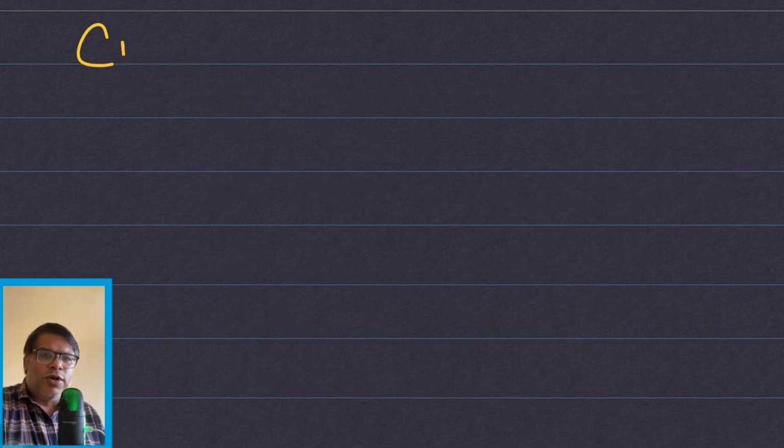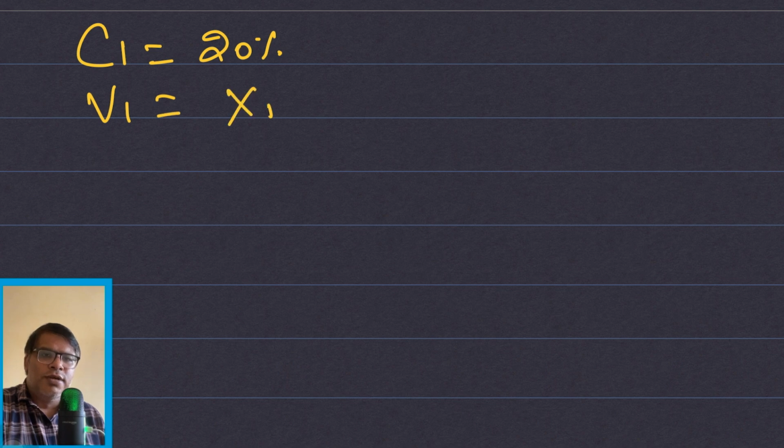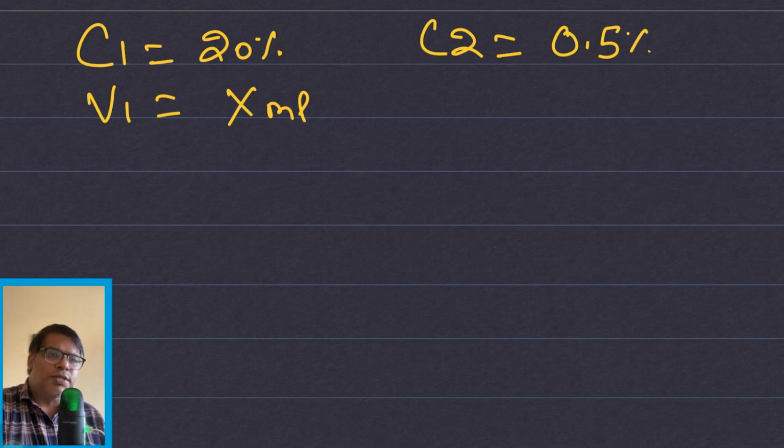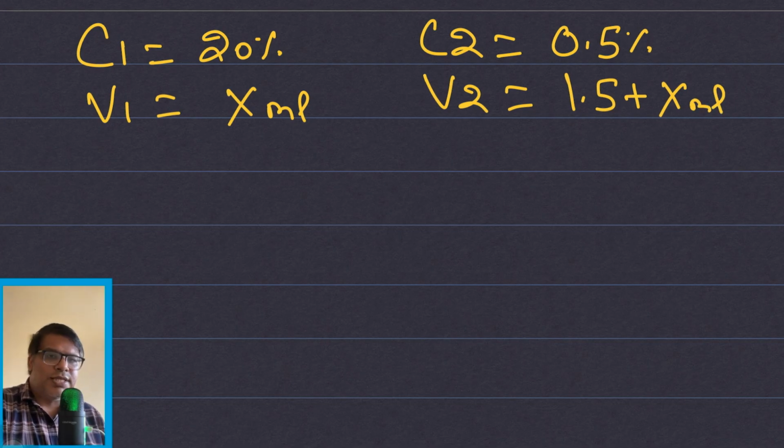Now you are going to put in the values. You have to use the relation C1V1 = C2V2. Here C1 is 20%, V1 is X ml, C2 is 0.5%, and V2 is 1.5 ml plus X ml.